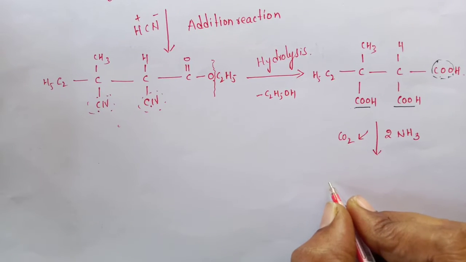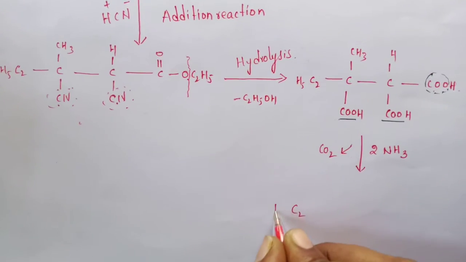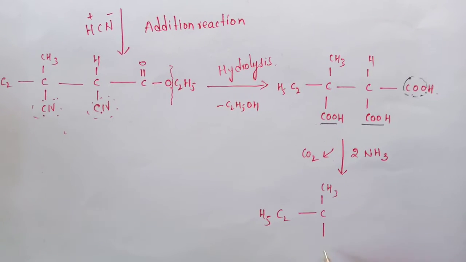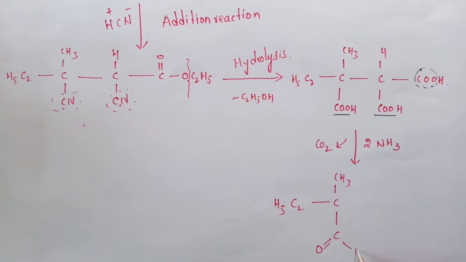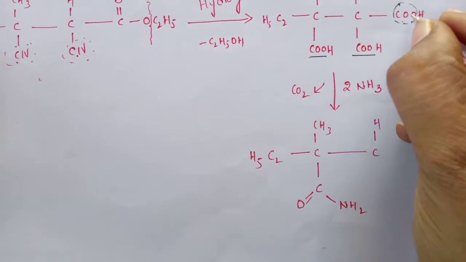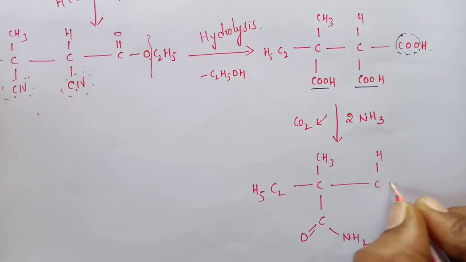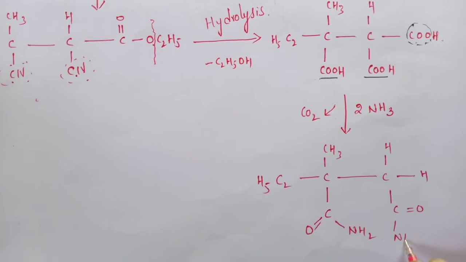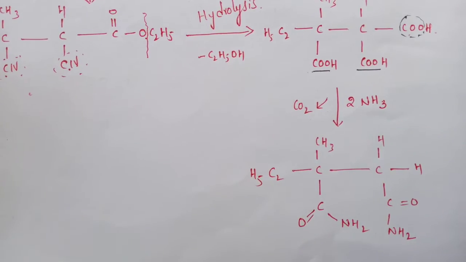It is converted into C2H5 CH3, here C double bond O NH2, as well as CH with the loss of CO2. It also possesses one more H here, as well as C double bond O and NH2. This is the amide derivative we are getting.